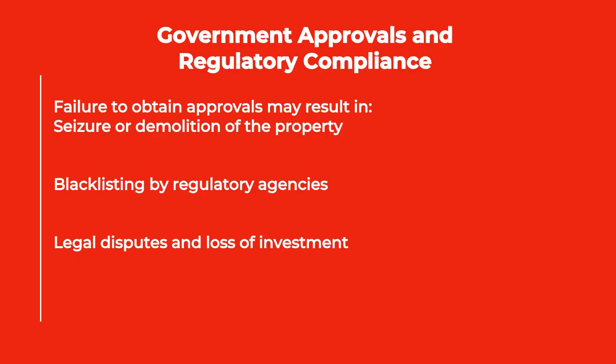Government approvals and regulatory compliance. Before and during construction, developers must secure building plan approval, environmental impact assessment, EIA, fire safety approval for high-rises or commercial buildings, right-of-way clearance where applicable, occupancy certificate after completion, and title registration, C of O or deed of sublease.